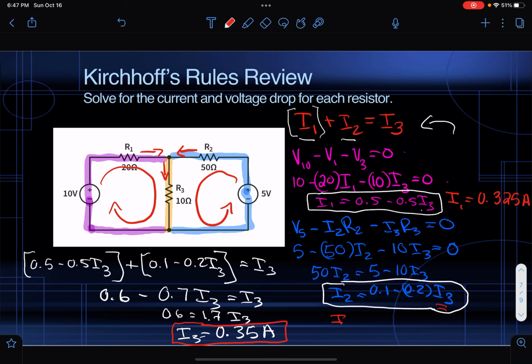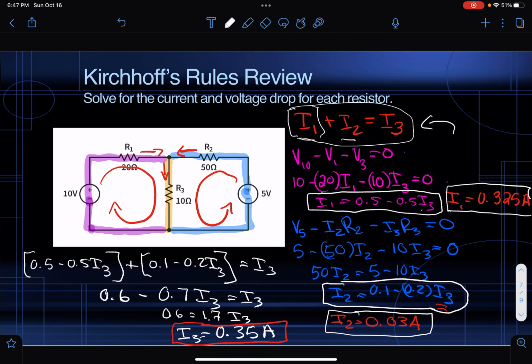I'll write it down here. I2 is going to be 0.03 amps. So now I know all of my currents. If you want to double check, if I go back to this original equation, I've got 0.325 plus 0.03, and that is pretty close to 0.35, which is my I3.